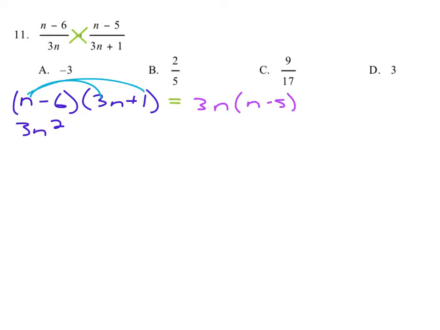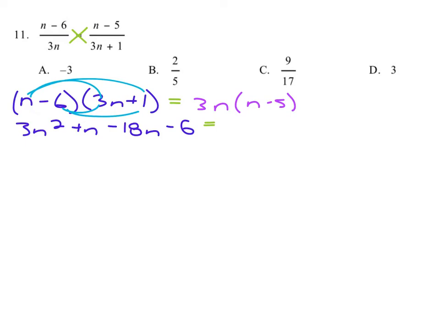Outer, n times positive 1, positive n. Inner, negative 6 times 3n, negative 18n. And last, negative 6 times positive 1, negative 6.